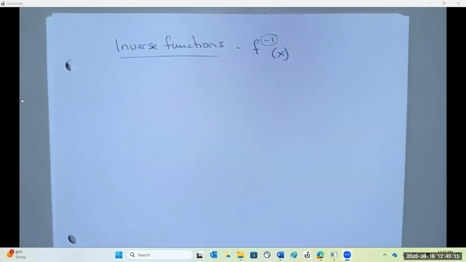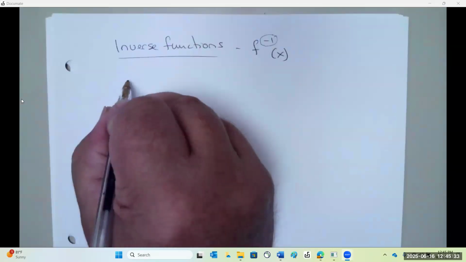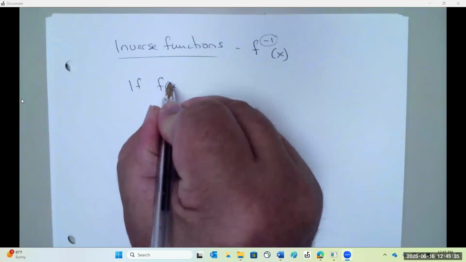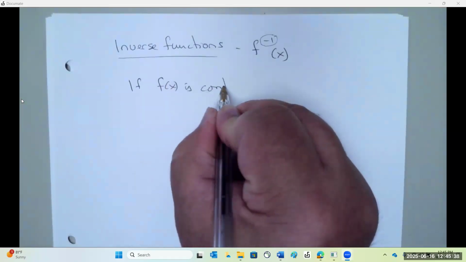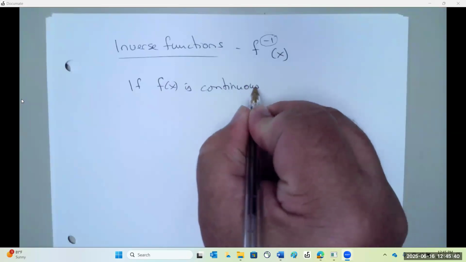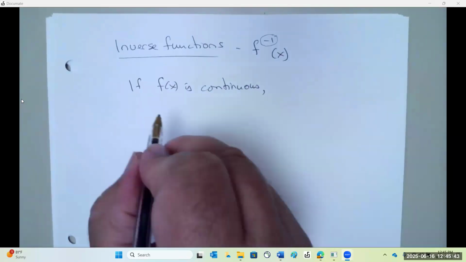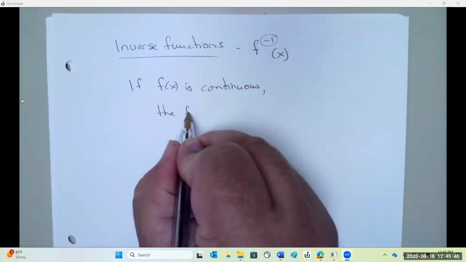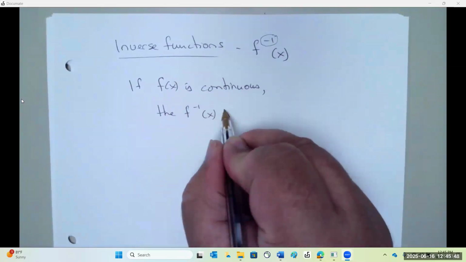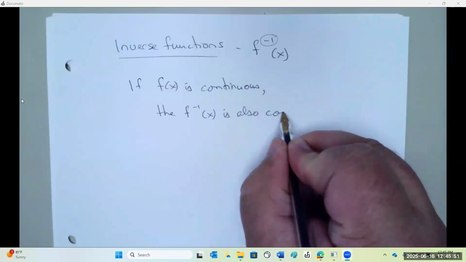How do we find inverse functions? Switch x and y, solve for y. That finds the inverse function. So because we switch x and y, if f of x is continuous, then its inverse is also continuous.